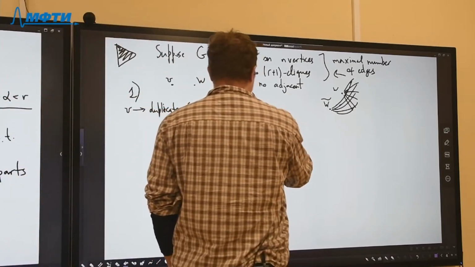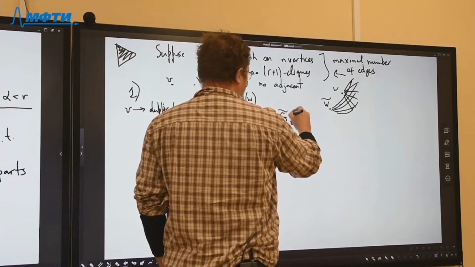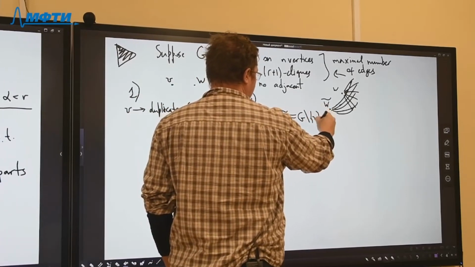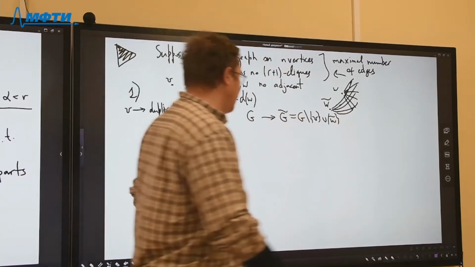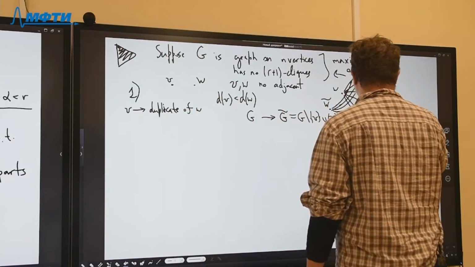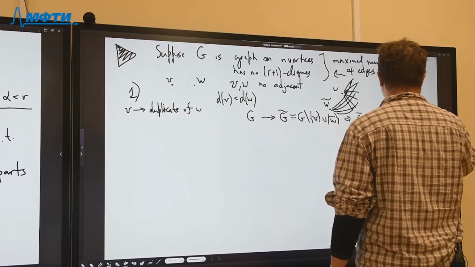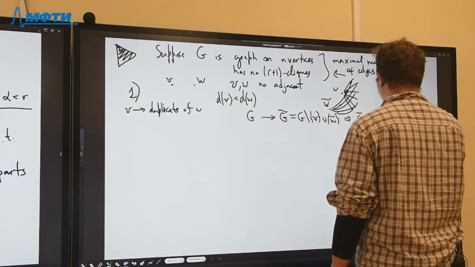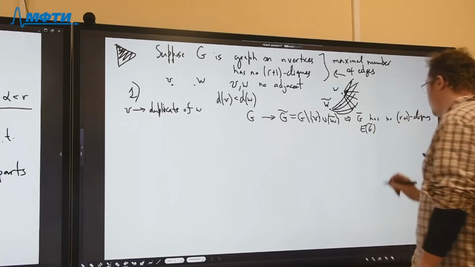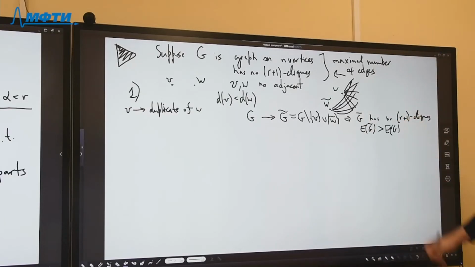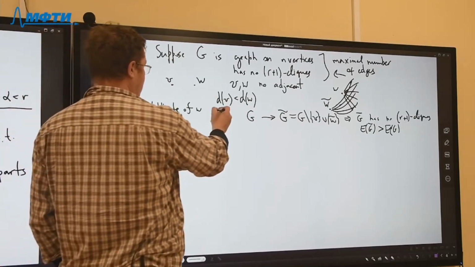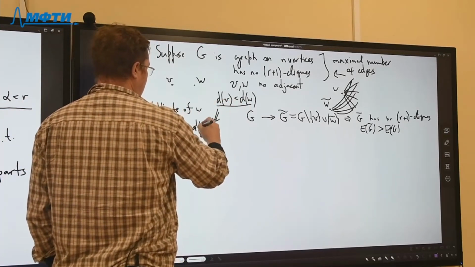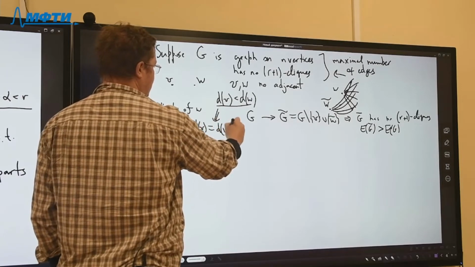If we change G to G tilde, which is G minus V with W tilde, then G tilde has no (r+1)-cliques, and the number of edges of G tilde is bigger than the number of edges of G. So it contradicts our assumption of maximality of graph G, and from this we can assume that all non-adjacent vertices have the same degree.